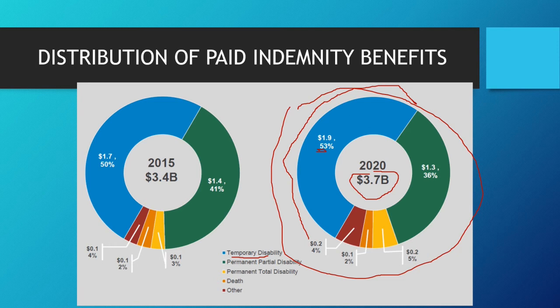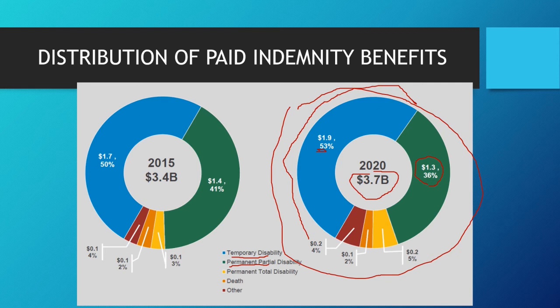And the temporary disability benefits actually exceed the permanent partial disability benefits, indicated here in green at only 38% of the total benefits paid. So you might think that if your particular examinee has been off work on temporary disability, those benefits may actually represent the bulk, the greater portion of the benefits they have coming to them, because statewide and statistically across all claims, temporary disability benefits exceed permanent partial disability benefits.